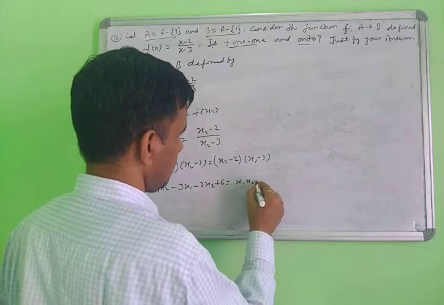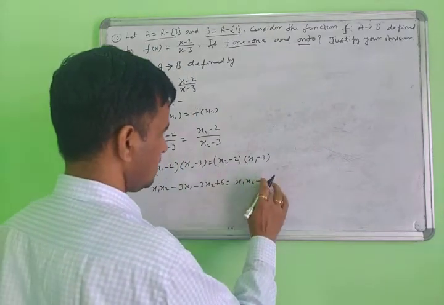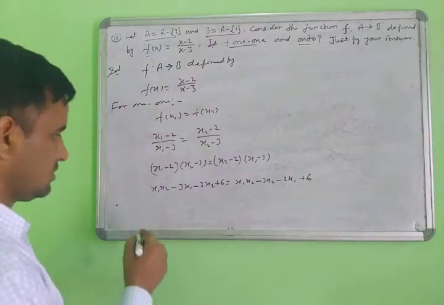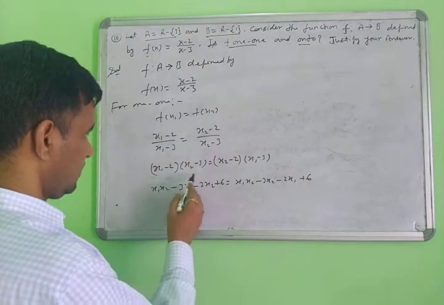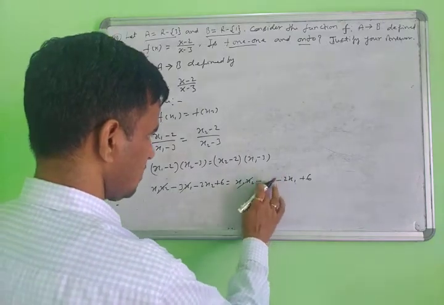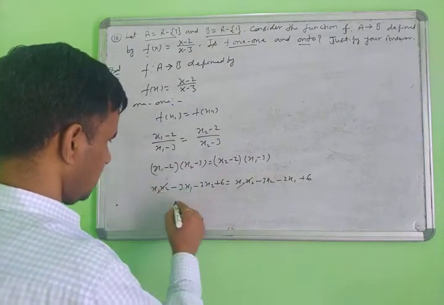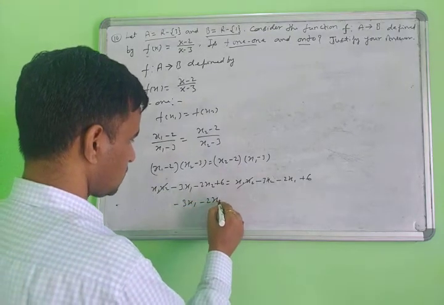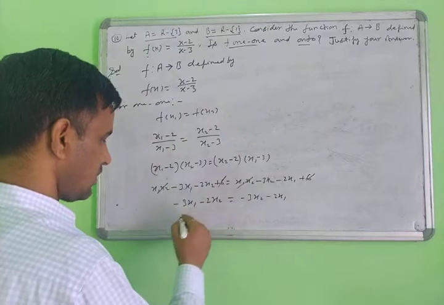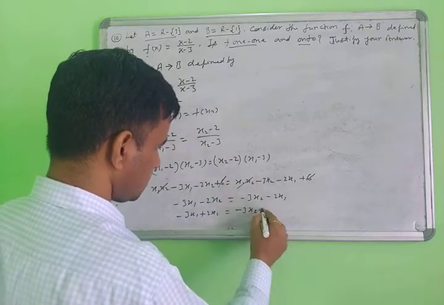Same here: x1x2 minus 3x2 minus 2x1 plus 6. So cancel here x1x2 and the 6. Minus 3x1 minus 2x2 equals minus 3x2 minus 2x1. So minus 3x1 plus 2x1 equals minus 3x2 plus 2x2.